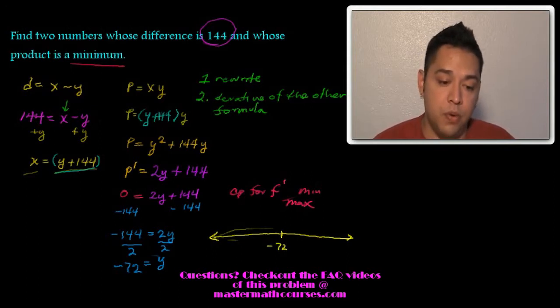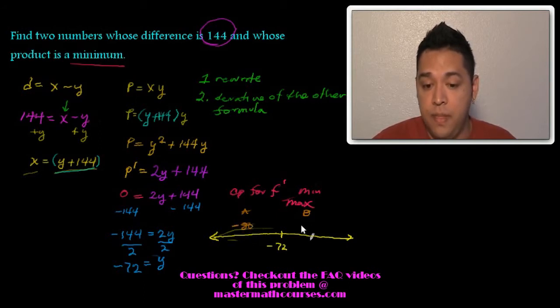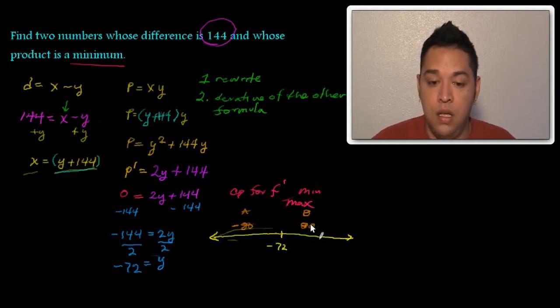So I'm going to have my test points for this region and that region. What's a good test point here? Let's say negative 80 and positive 80 maybe? Or let's see, how about 0?